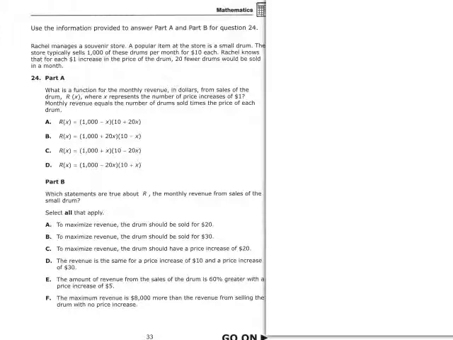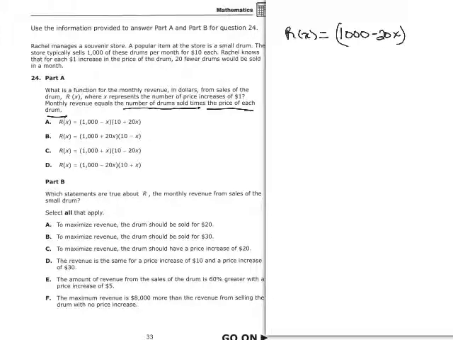The monthly revenue equals the number of drums sold times the price of each drum. So the revenue, which is R of X, equals the number of drums sold, which we know will be 1,000 minus 20 times the price of each drum, that X value.